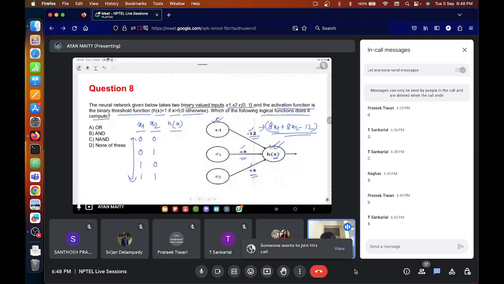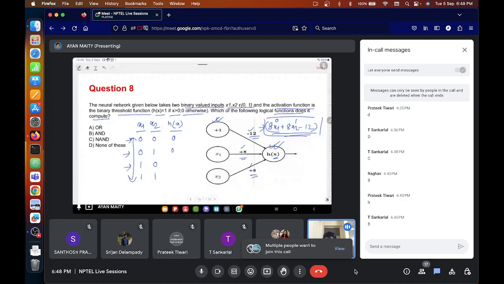So for 0 0 it would be minus 12, as both x1 and x2 are 0, so the output would be 0. For 0 1, it is 8 minus 12, which is minus 4, so it's still negative and the output would be 0.